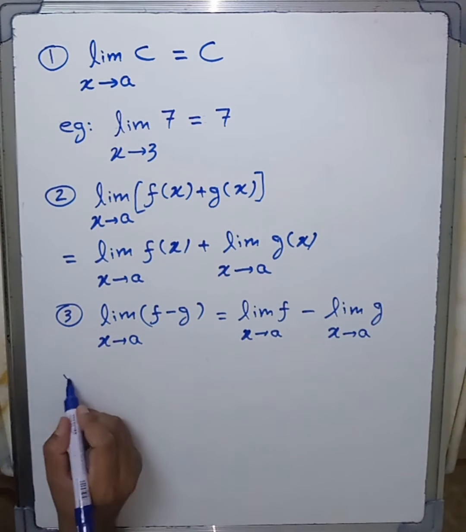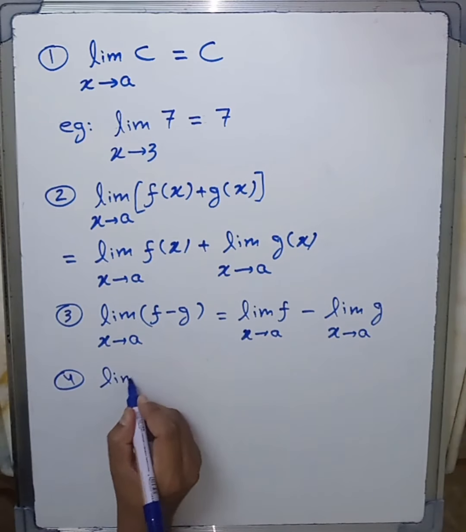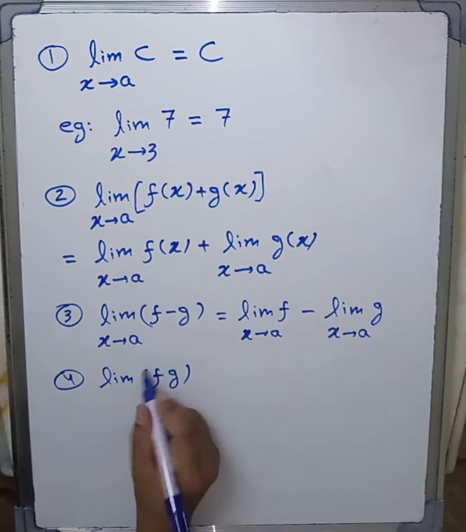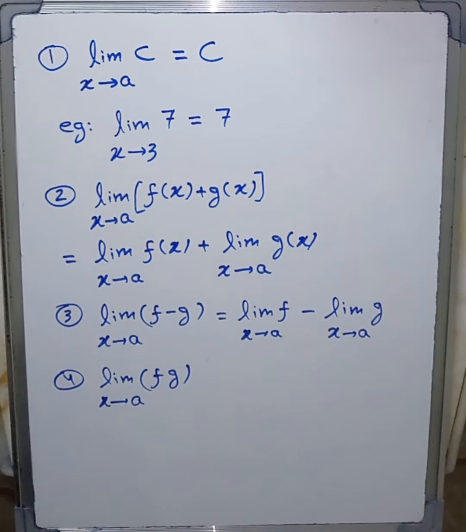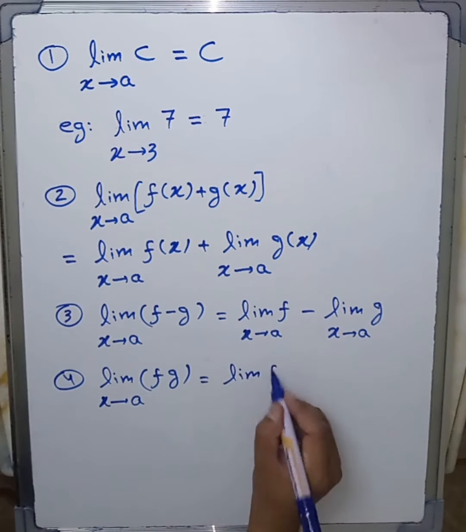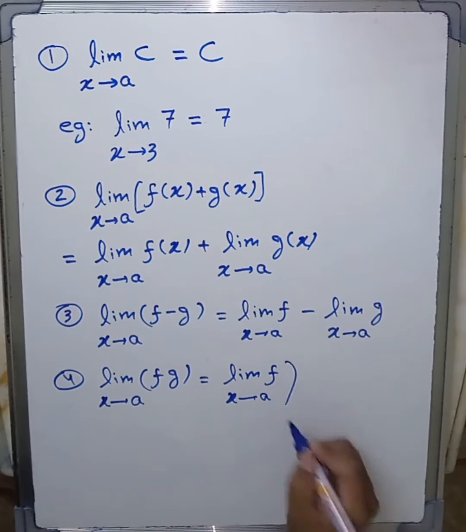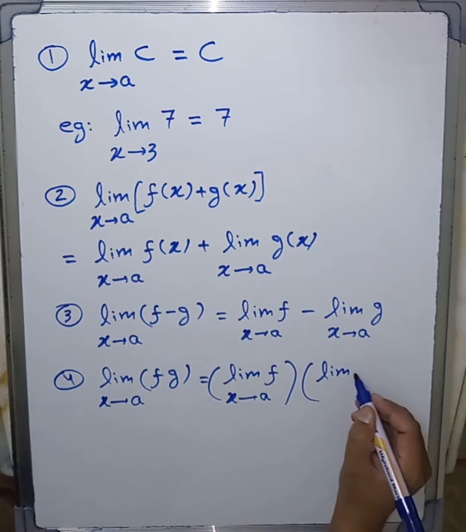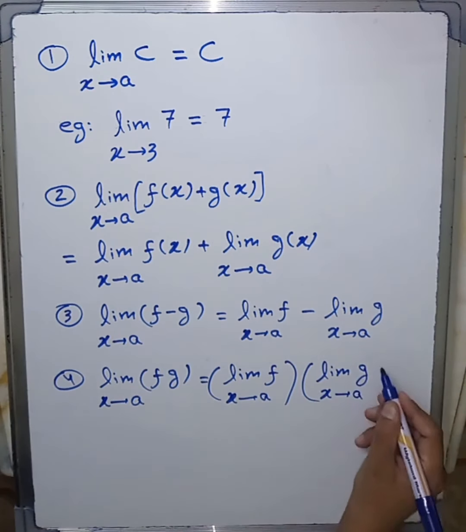Similarly, we will write property number 4 for multiplication. Limit of f multiplied with g as x tends to a will be equal to limit of f as x tends to a multiplied with limit of g as x tends to a.